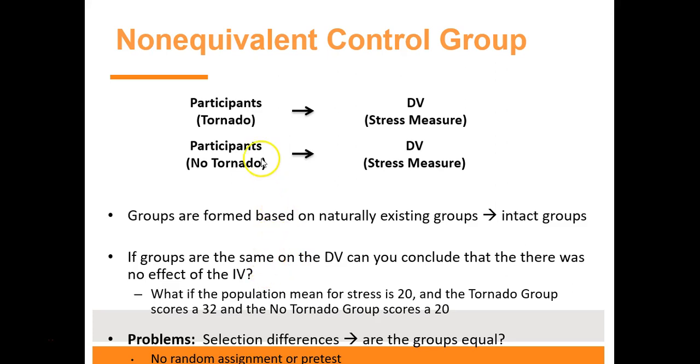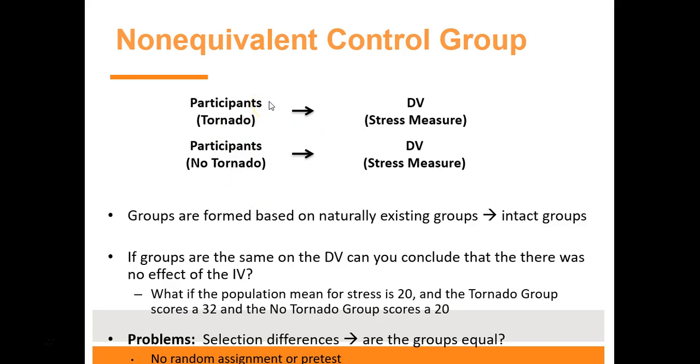For instance, if we had a group of participants who experienced a tornado in their city and a group who did not, and then we measured stress, and we see that the people who lived through the tornado had higher levels of stress than the ones who didn't, can we conclude that going through a tornado increases stress? The problem is we don't know if these groups were equal to begin with.